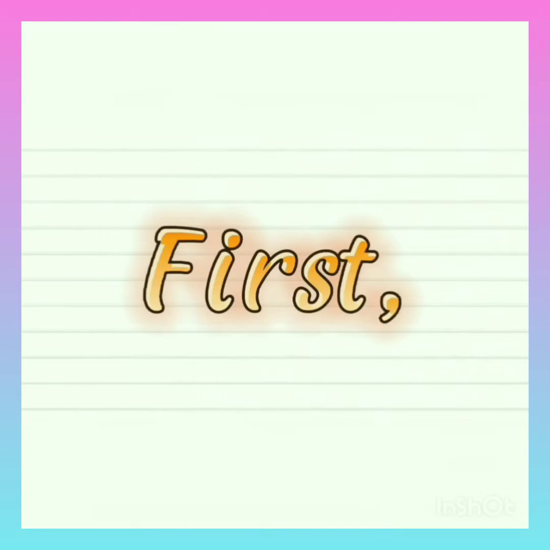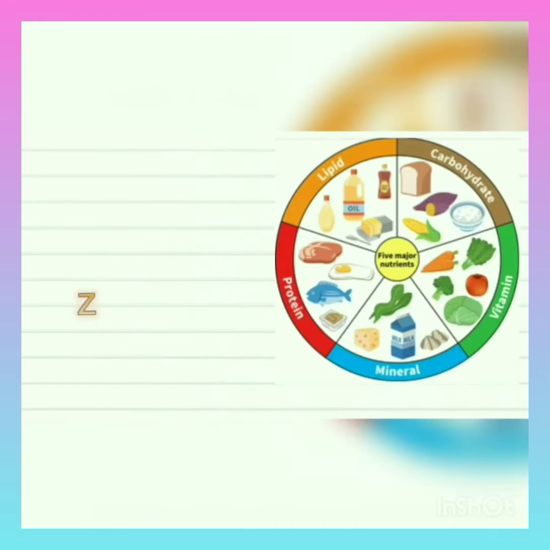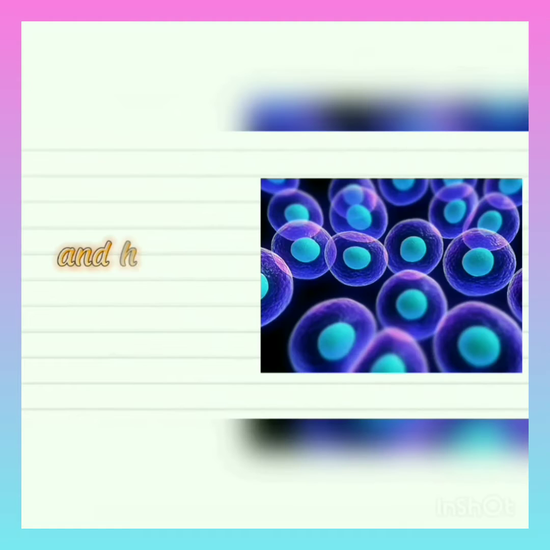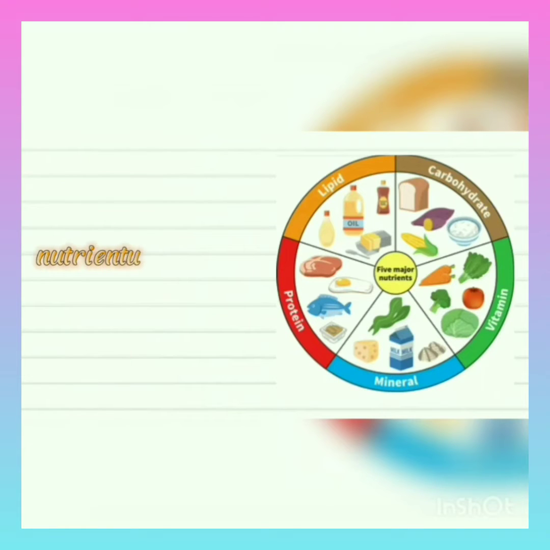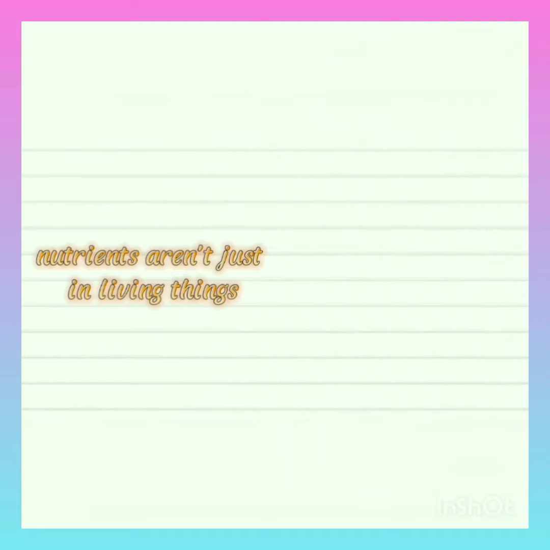First, we're going to define what nutrient cycles are. Every living thing needs nutrients, right? They give our bodies energy and help our cells function. However, you might be surprised to learn that nutrients aren't just in living things.